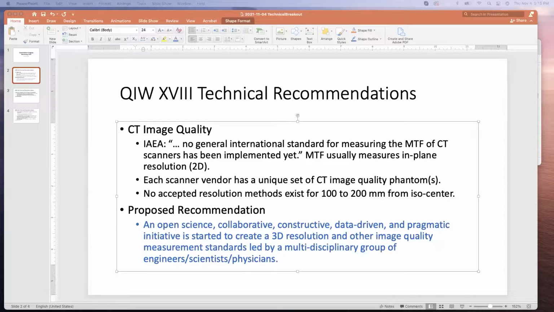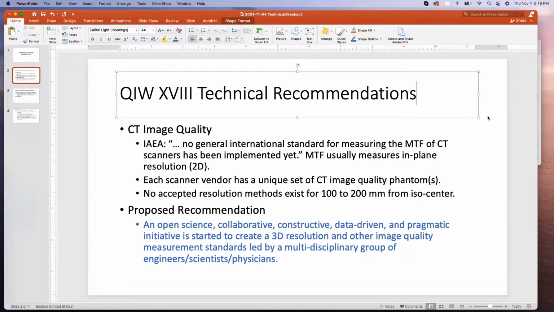I think the application we're looking for is in precision and repeat measurements. The nodule is a classic: here's a small object that we want to measure multiple times to see what the changes are. But that's a very general need for disease progression.